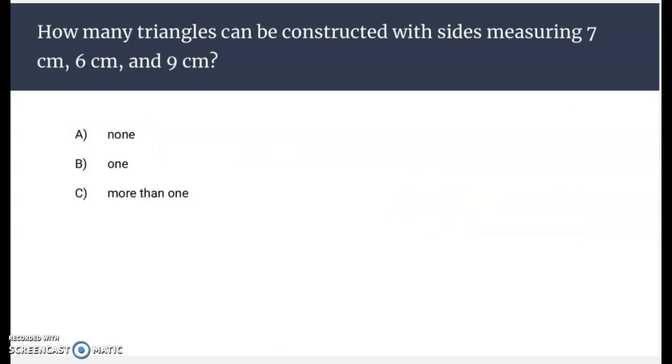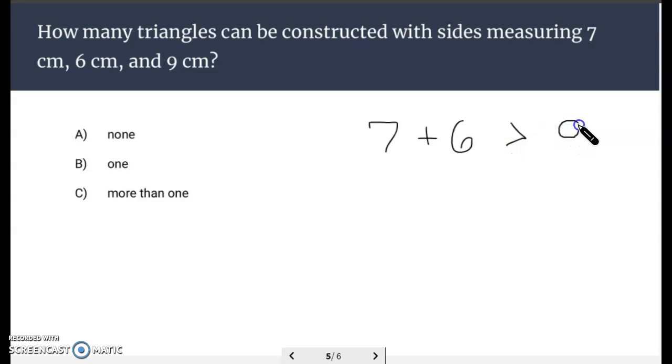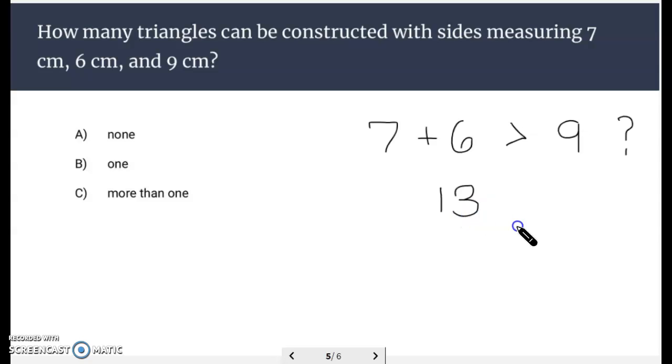Next one, how many triangles can be constructed with sides measuring 7, 6, and 9? Well, 7 and 6 are the two smaller sides. And is it true that that's greater than 9? 7 plus 6 is 13.